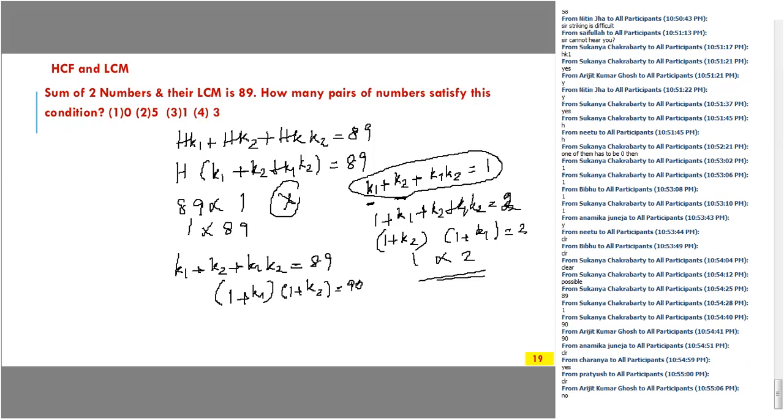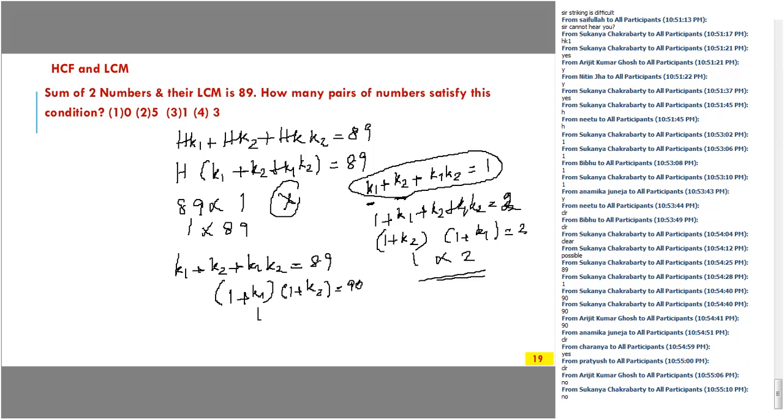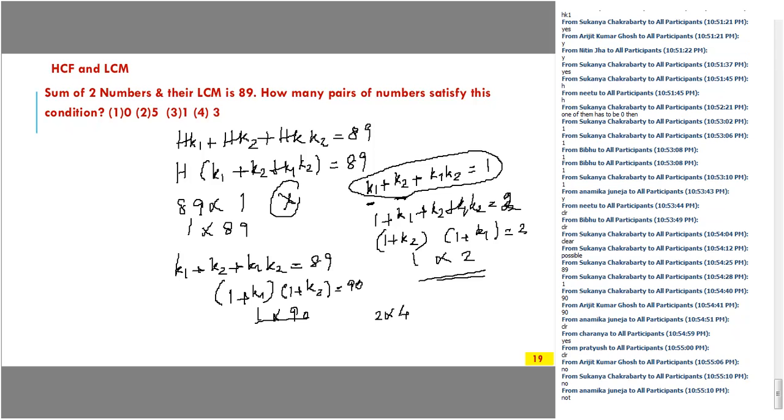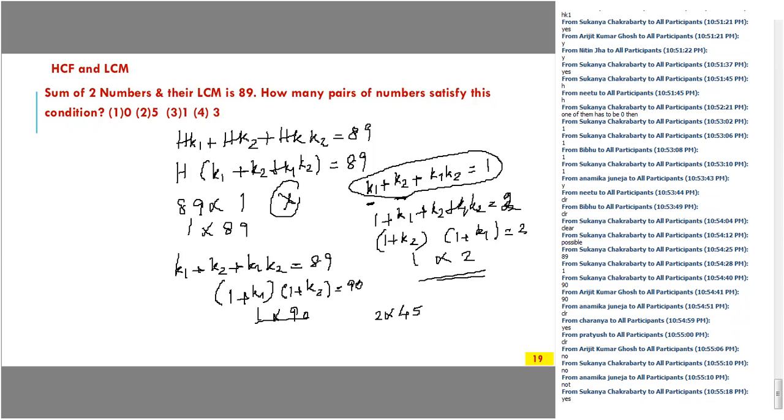So this can be 1 into 90. Is 1 into 90 possible or not possible? 2 into 45 possible? 3 into 30 possible? 5 into 18 possible? 9 into 10 possible?